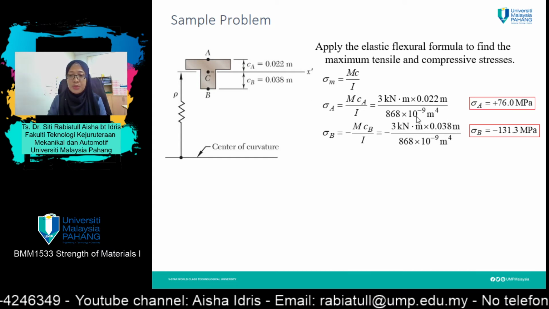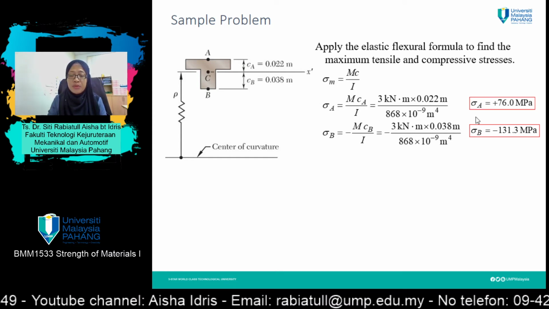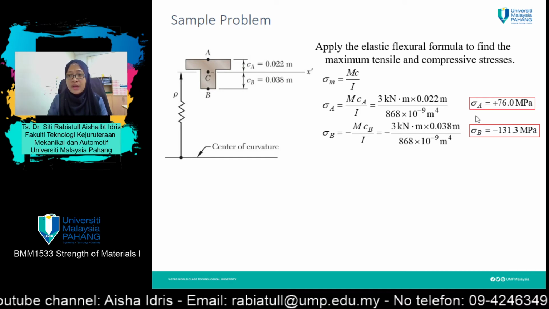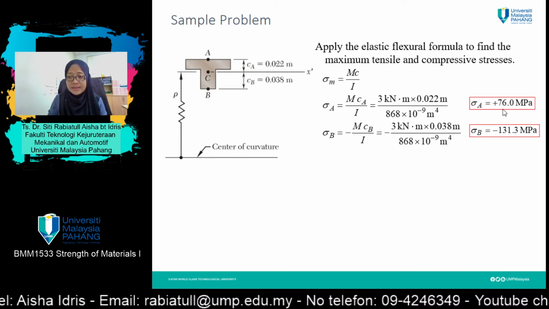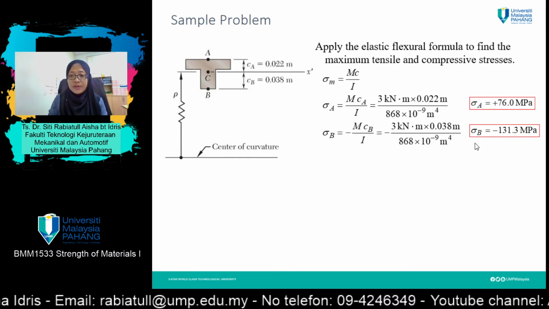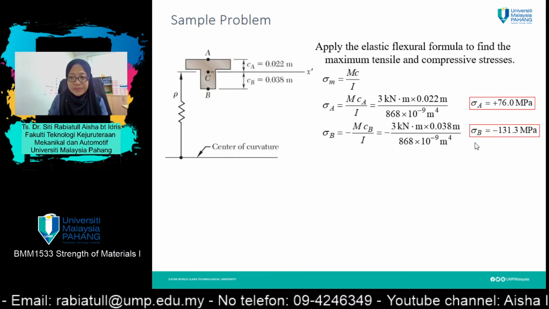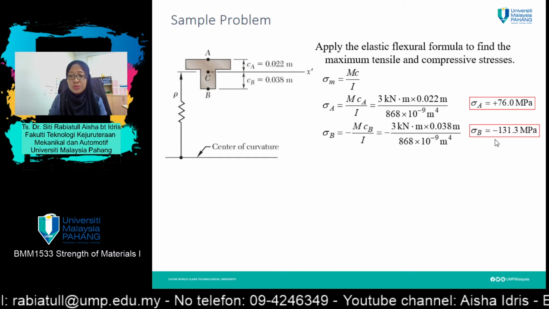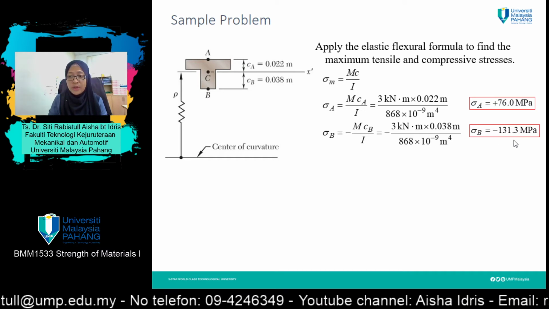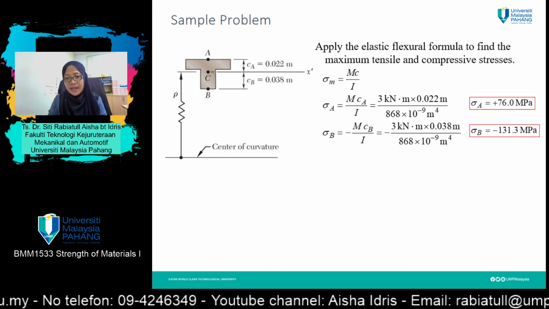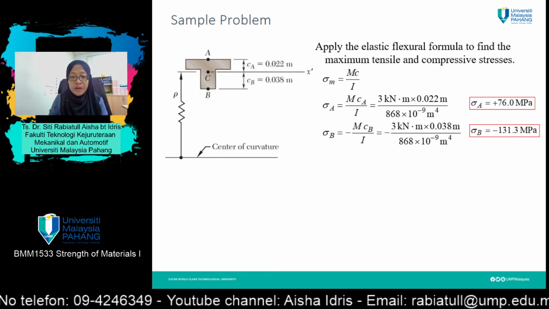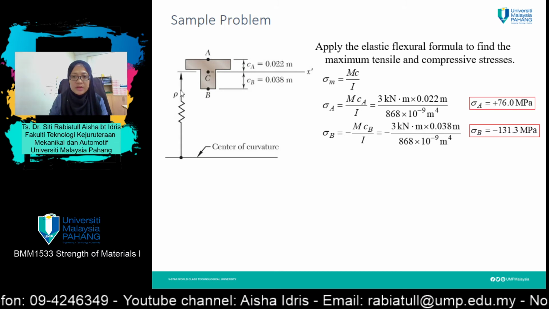So substitute all the information into the formula. You'll get the value of maximum tensile stress, which equals 76 megapascal, and compressive stress equals negative 131.3 megapascal. After that, the question asks you to find the radius of curvature, the value of rho.